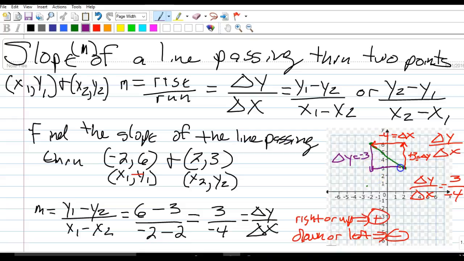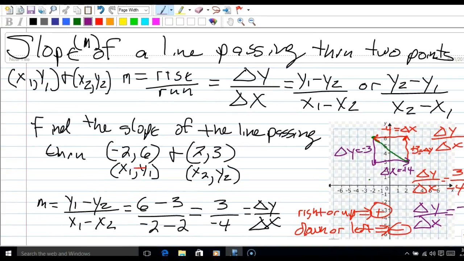And my horizontal change, since I'm going to the right, is actually equal to +4. But when you compute the change in the y over the change in the x, you'll still come up with -3/4. So here, the change in the y over the change in the x, change in the y would be -3.